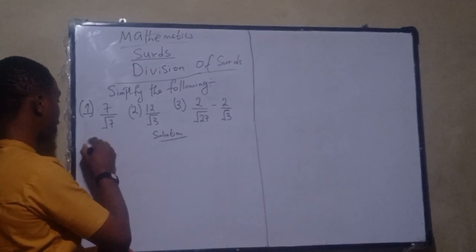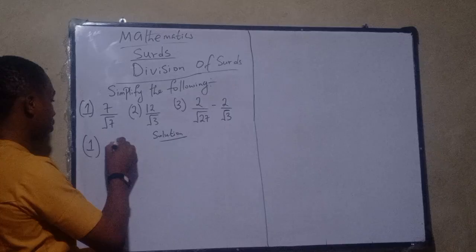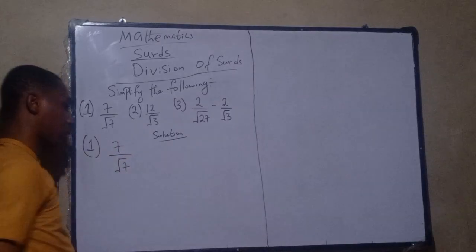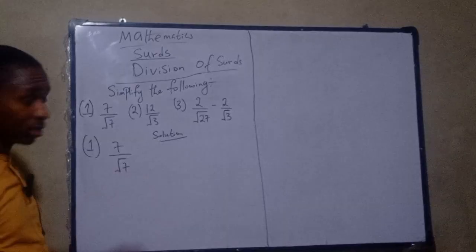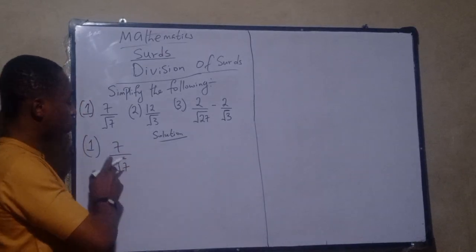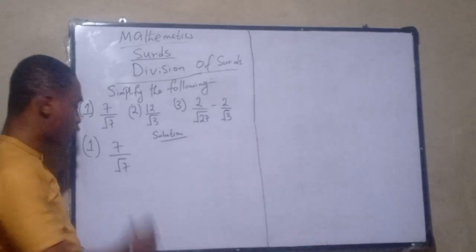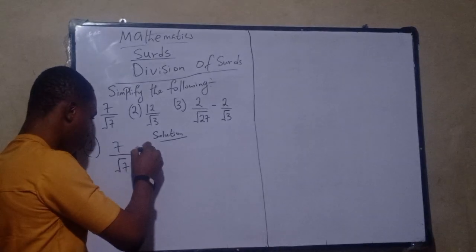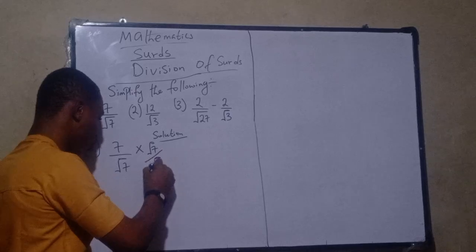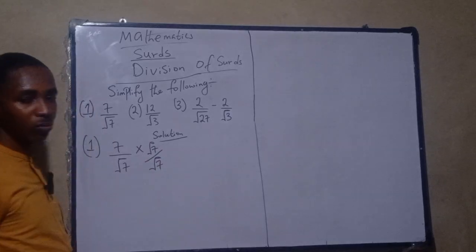So the first one we have is 7 all over root 7. What that law states is that we should multiply both the numerator and the denominator by this surd. So we multiply by root 7 all over root 7.